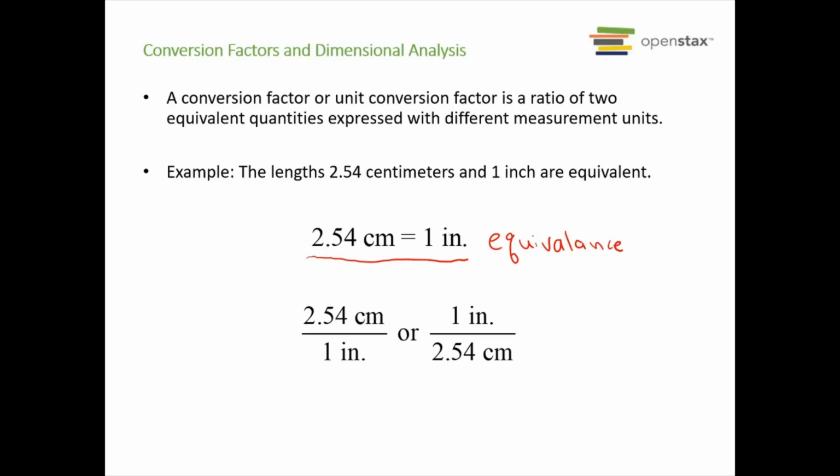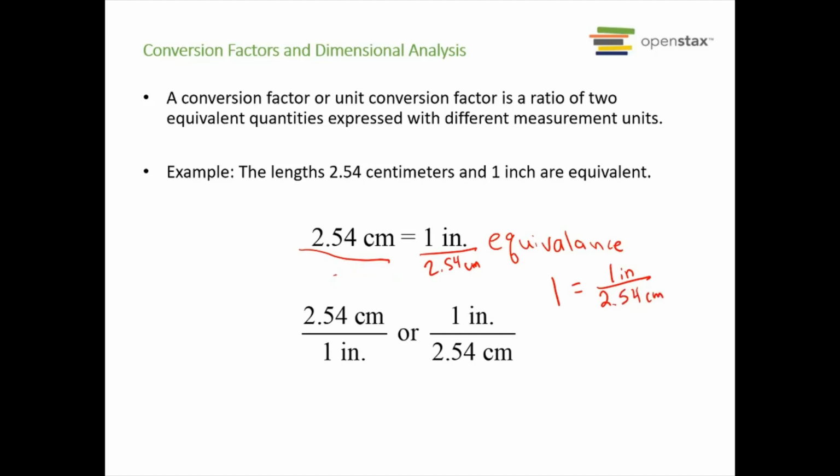So let's say we want to solve for inches. So I divide both sides by 2.54. I'm just going to show you just a little thing. So if I divide both sides by 2.54 centimeters, then I know that 1 inch divided by, or per every 2.54 centimeters, is equal to 1.